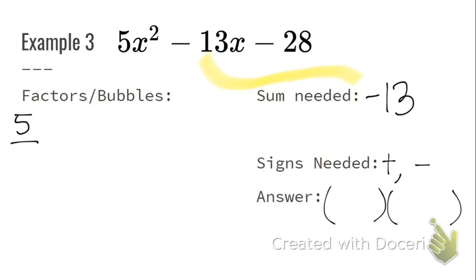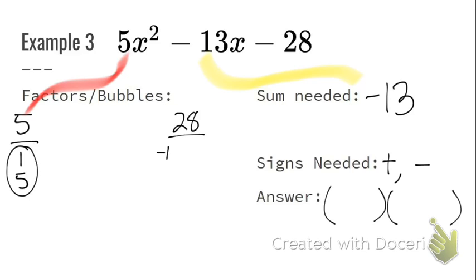Our factors of our leading coefficient, again, would be 1 and 5. This time for our factors of 28, we've got to include all possibilities because we've got a -28. So it would be better if I put that there, -28.